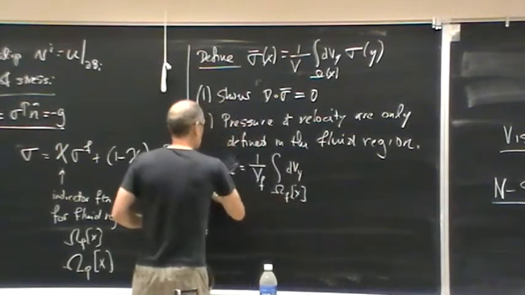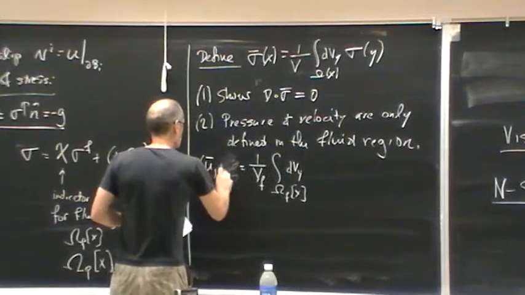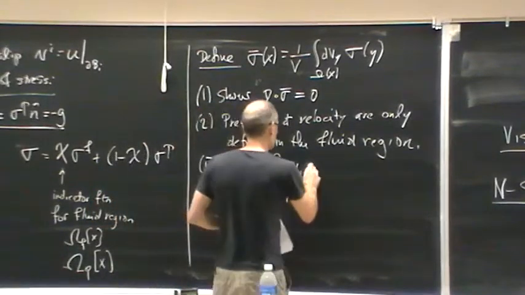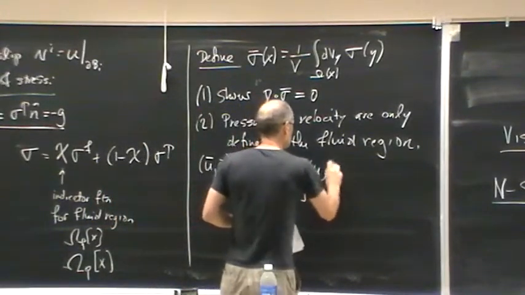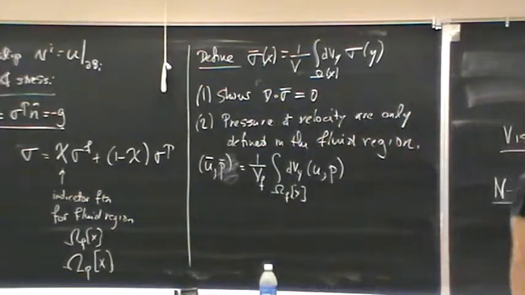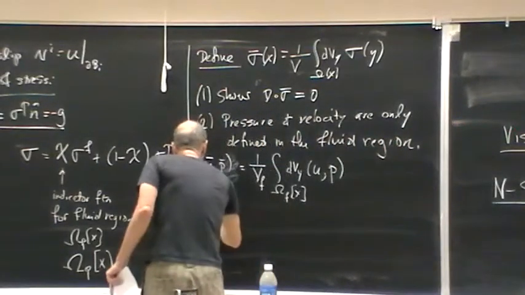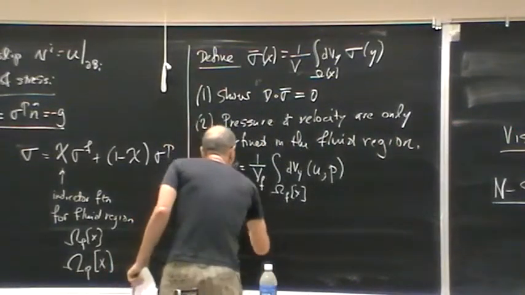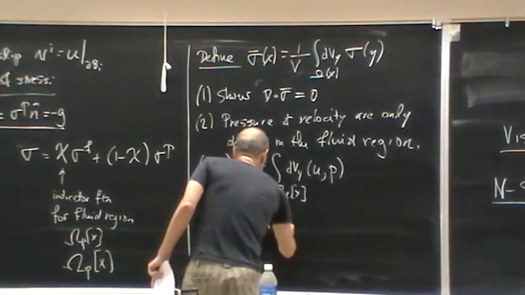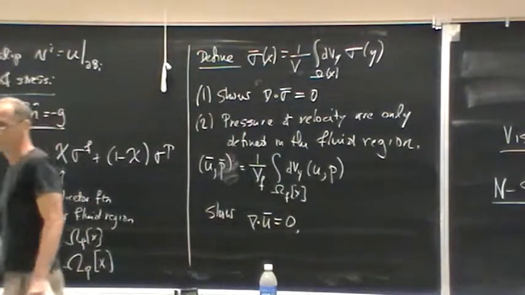In fact, let me write this as U bar, P bar, so I don't have to write something twice. U, P, where those are my Newtonian velocities and stresses. So show div dot U bar is equal to 0. Show that.